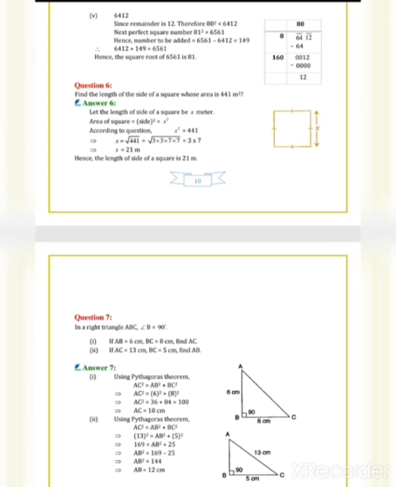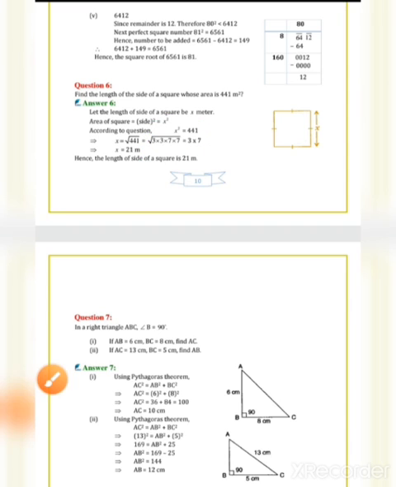So according to the question, the area is 441. So for the 441, put x square is equal to 441. So the square root of 441, by using the prime factorization method, you can find 3 multiplied by 7.